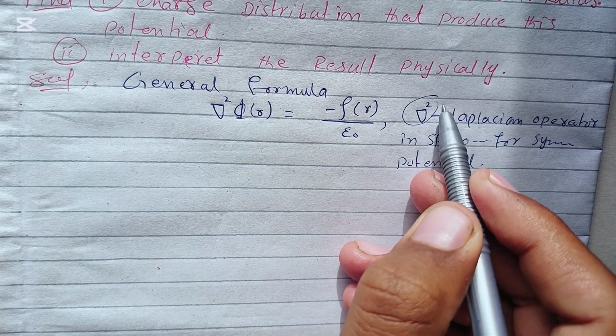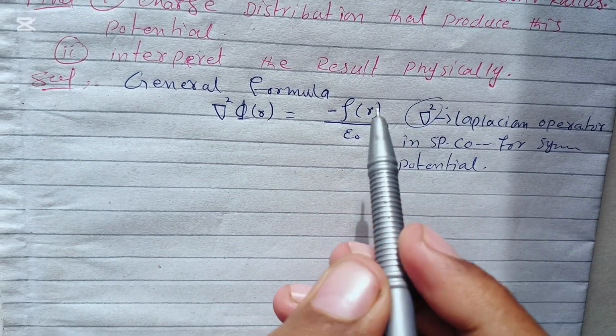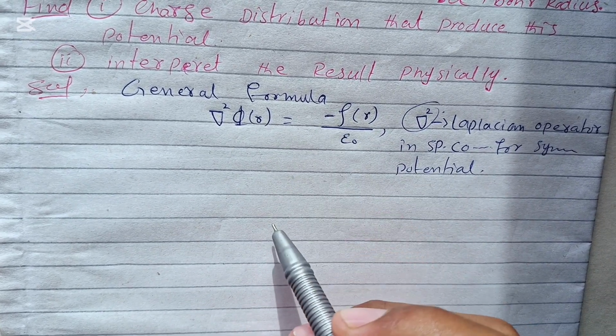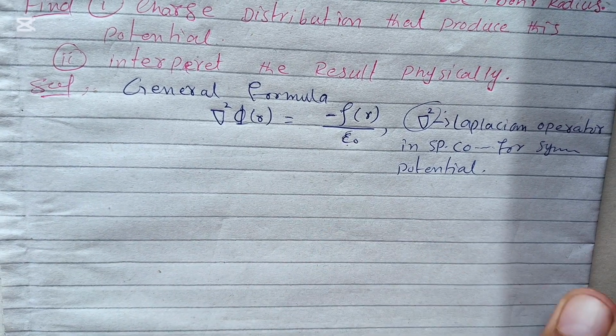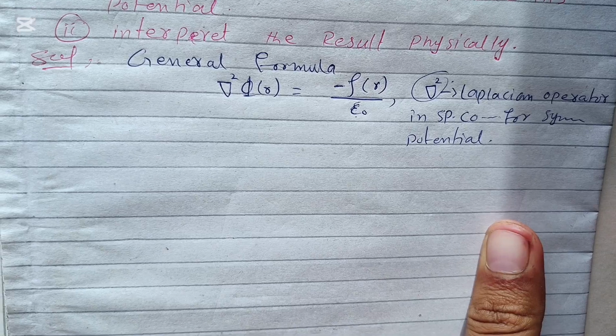Negative rho, this is the density, and this is epsilon naught, the permittivity of free space.